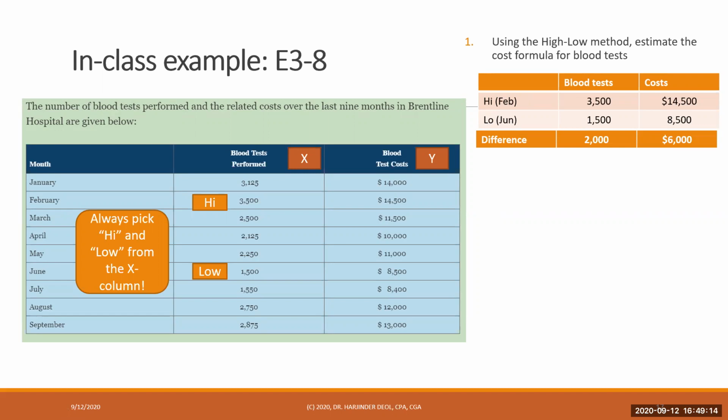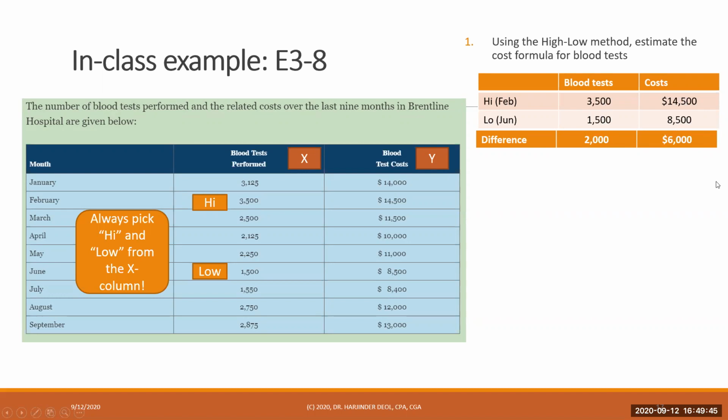So a way to read this is that, everything being equal, the difference in the costs in the months of February and June, $6,000, was due to the difference in the number of blood tests performed in the 2 months. That's 2,000. So 2,000 additional blood tests resulted in an additional cost of $6,000.